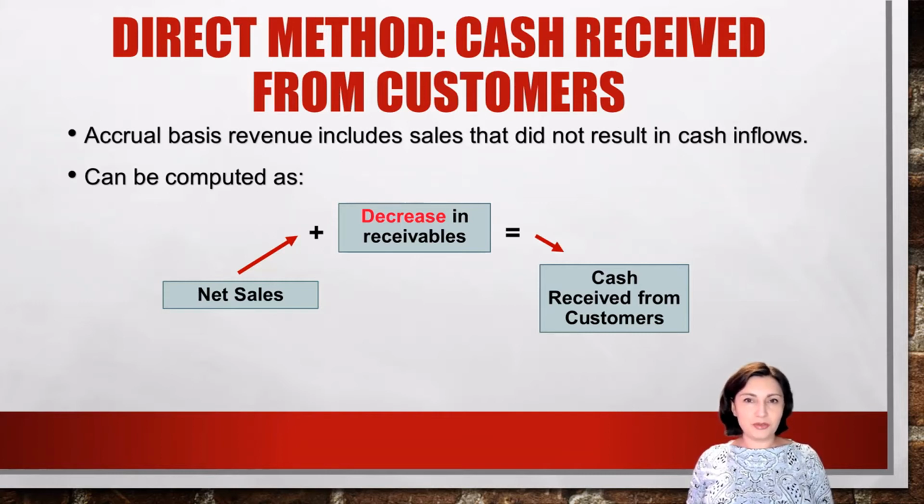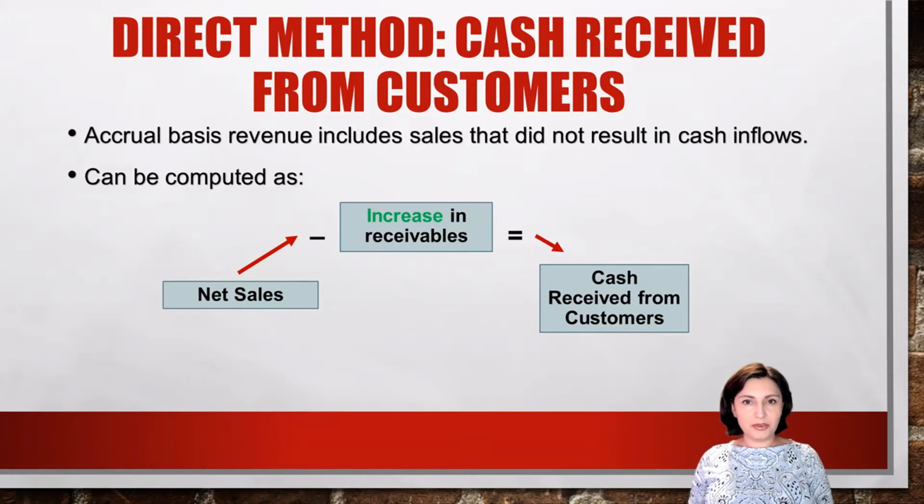A decrease in accounts receivable means that customer cash payments on account exceeded customer charges on account during the period. This excess is used to adjust the accrual-based revenue reported on the income statement to report the total cash received from customers during the period.